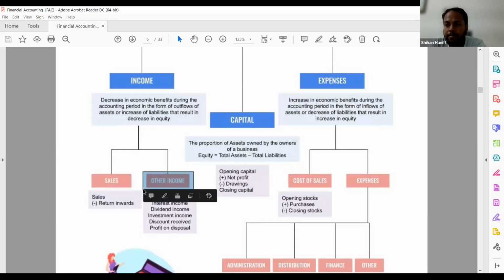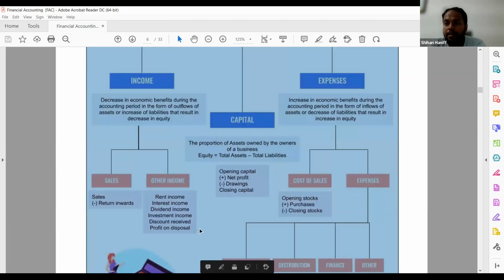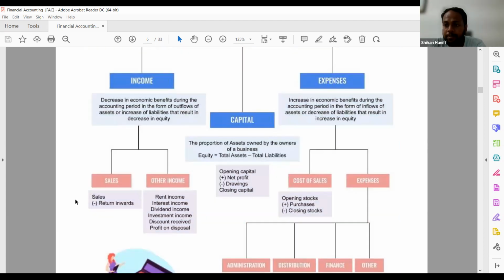Other income means any other income that comes to the business: rent, interest, dividend, investment income, discount received. We will learn later from the income statement. So remember, the main income of a business is sales, and they might have other income.